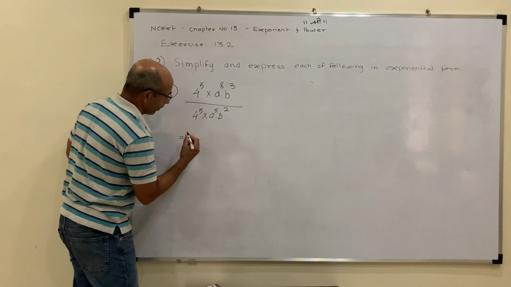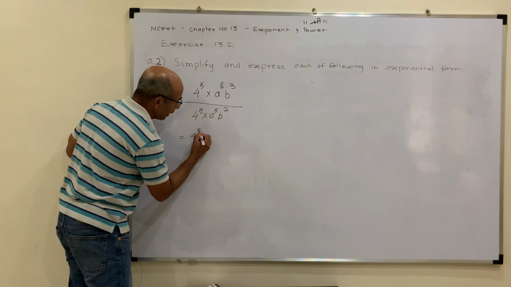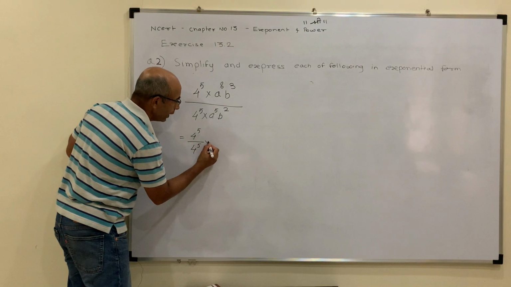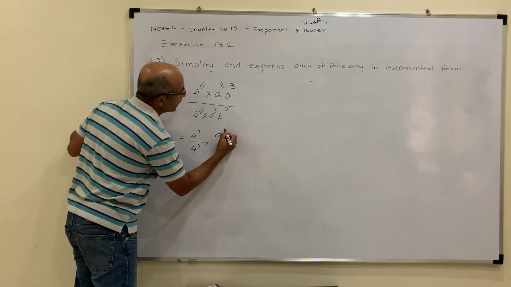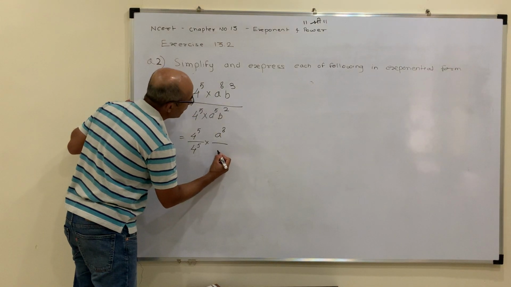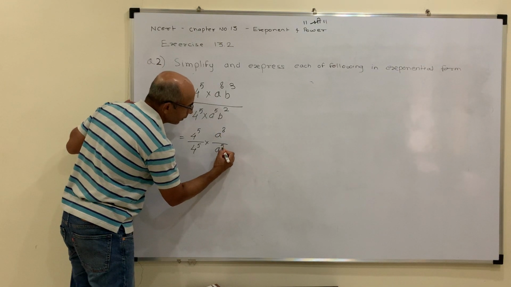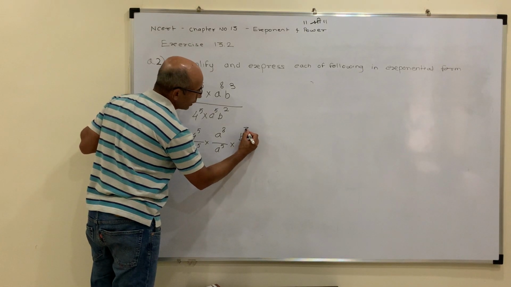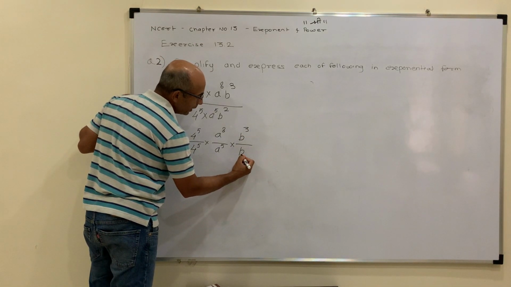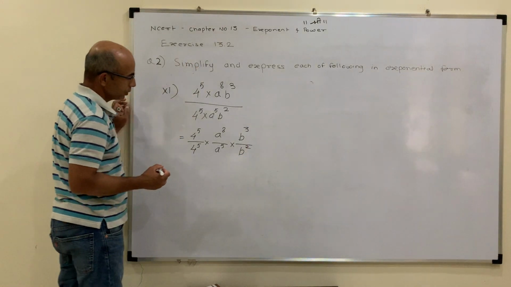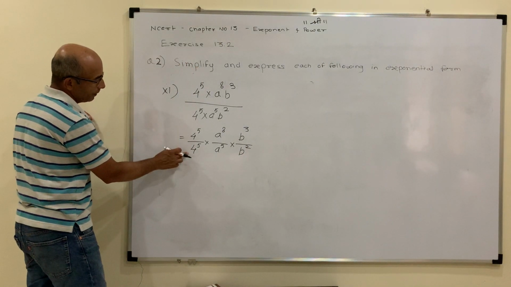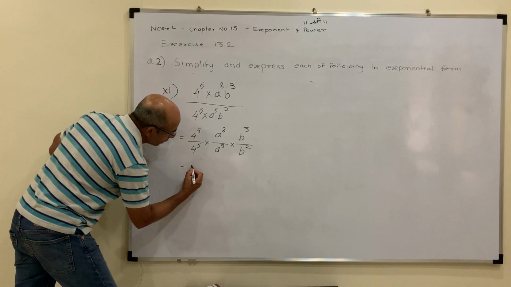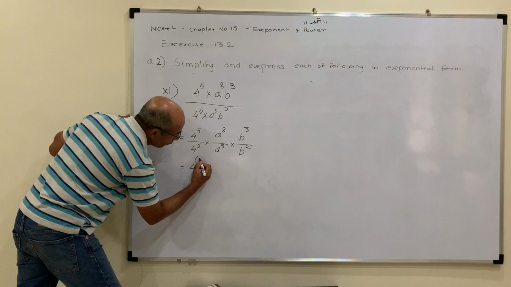Just rewrite the problem. 4 raised to 5, you can rewrite it, divided by 4 raised to 5, into a raised to 8 divided by a raised to 5, and then b raised to 3 divided by b squared. So now here my base is the same, operation is division, so I'll subtract the power of the denominator from the numerator.